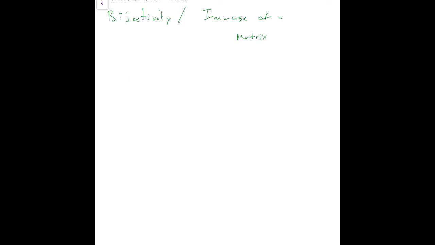So if L is a linear transformation from Rn to Rm, it is bijective if it is both injective and surjective.